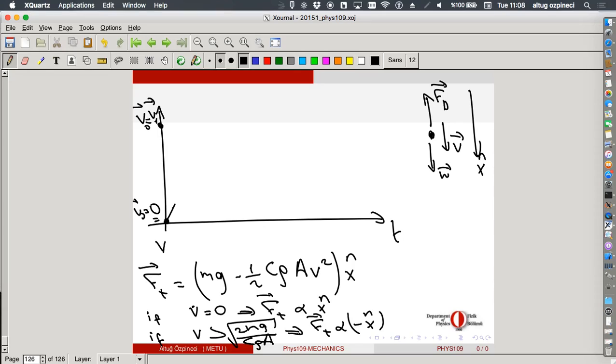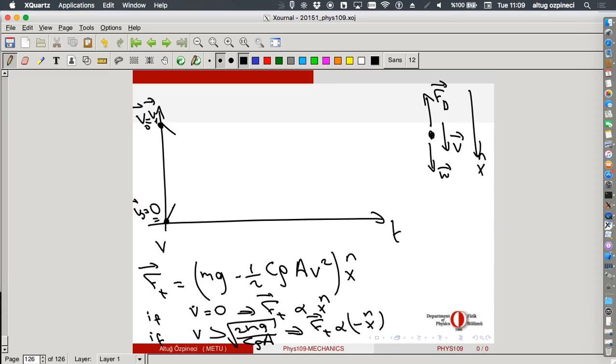It's accelerating in the upward direction, in the minus x direction, so its speed will get smaller at the next instant. So this will be how the velocity changes at the first instant of the motion. Now the velocity of this object, initially it was 0, so the total force was just mg.